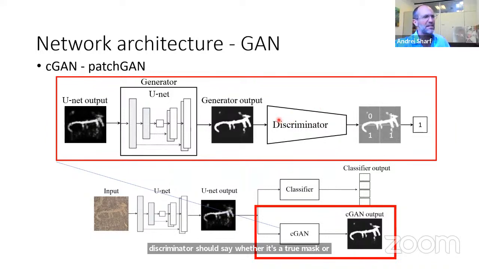If it's a true mask, a mask that was made by a human, then it's good. If it discriminates it as a synthetic mask that was predicted by the U-Net, then it's bad. So this is like an adversarial game that pushes the U-Net to make the masks look more and more realistic, more like they were made by a human, and not like an encoder-decoder output.